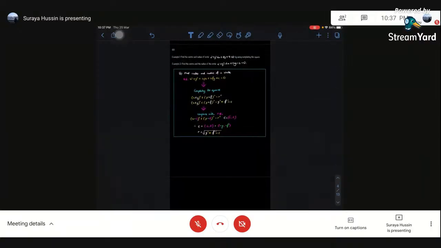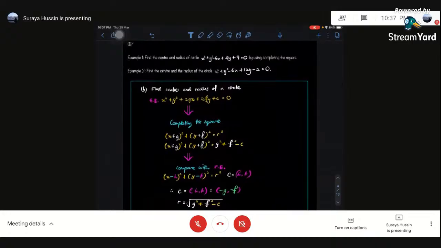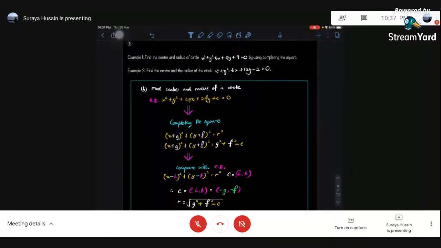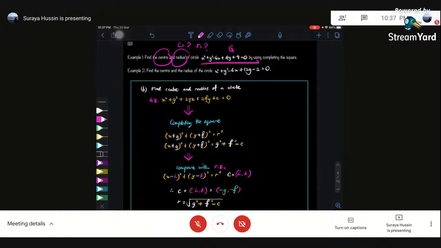Let's go to the B. Okay, B dekat sini agak senang. What we need to do is just, kita mempunyai GE. Okay. Dia suruh cari center. Cari center apa, cari radius apa melalui GE.